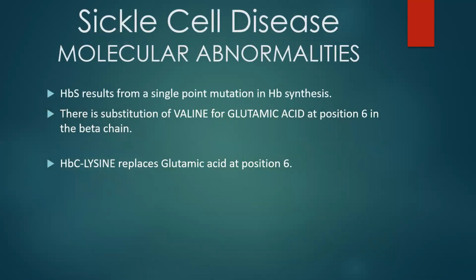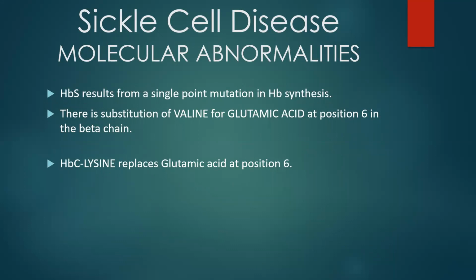So the hemoglobin S actually is a gene mutation in the hemoglobin synthesis, and this happens when the valine is actually replaced by glutamic acid at position 6 in chromosome 11 of the beta chain.